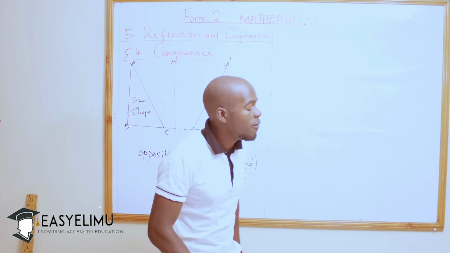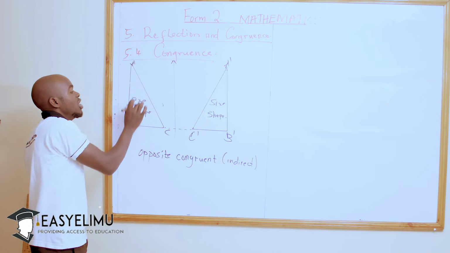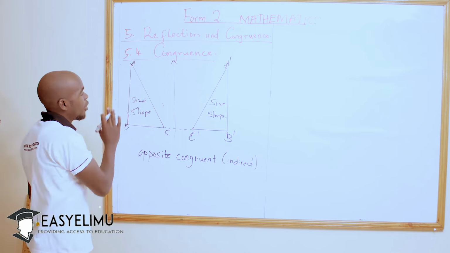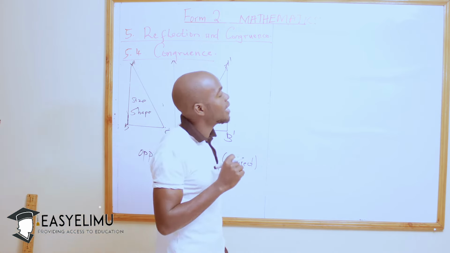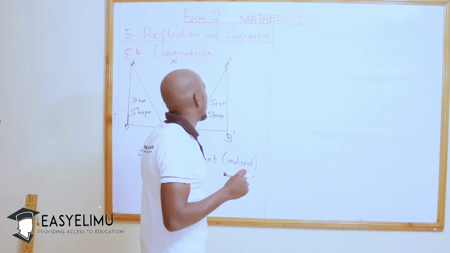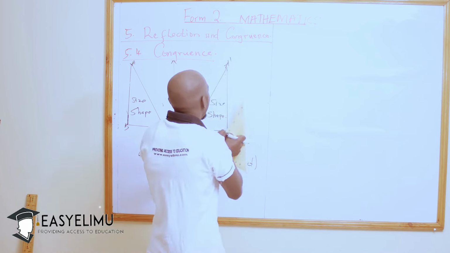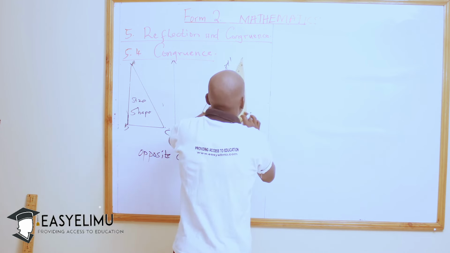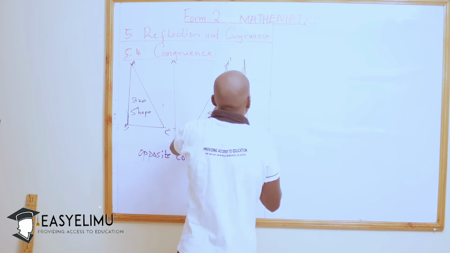But sometimes you will find that this shape, or our triangle here, if you do reflect it successfully under the same kind of reflection, you will find that if I put another reflecting line here, we shall find a figure.